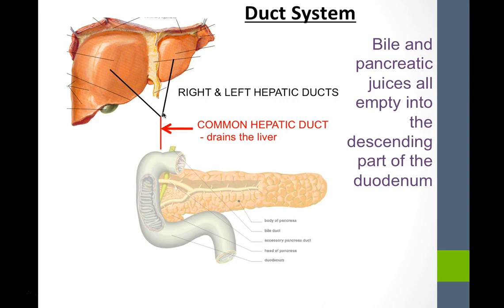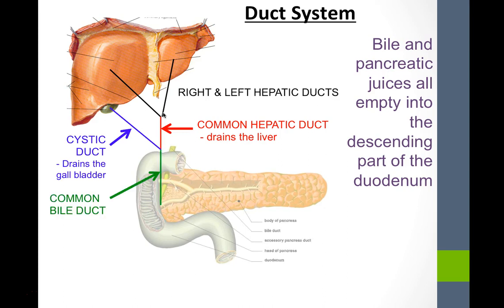But we also said that bile is going to be stored and concentrated within the gallbladder. So we have to have a duct there too, of course. So that is going to be called the cystic duct. So that drains the gallbladder itself. Now when the cystic duct comes together with the common hepatic duct, it becomes the common bile duct, and that will eventually lead to drain into the duodenum here.